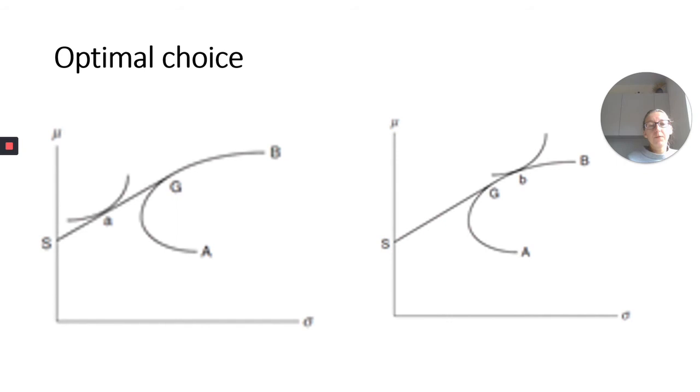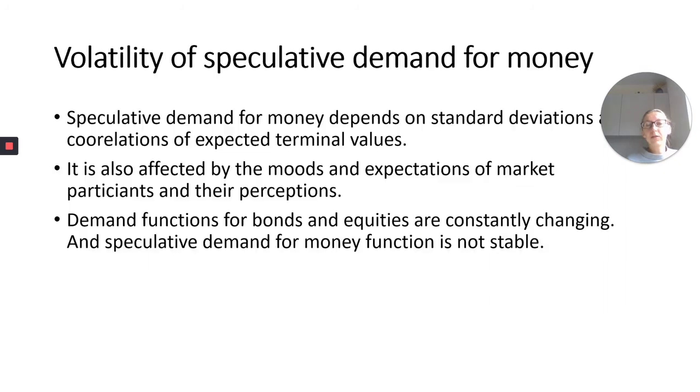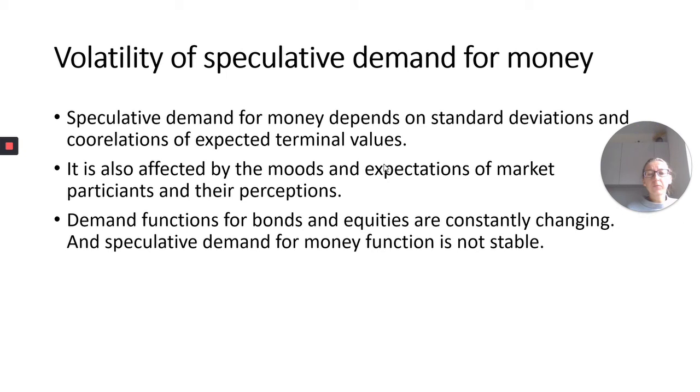Depending on the risk preference of different investors, that says why sometimes it's so complicated to estimate the speculative demand for money for an entire country. On one hand, speculative demand for money depends on standard deviation and correlations of expected terminal values, so it depends on very many factors that are changing constantly in the economy.